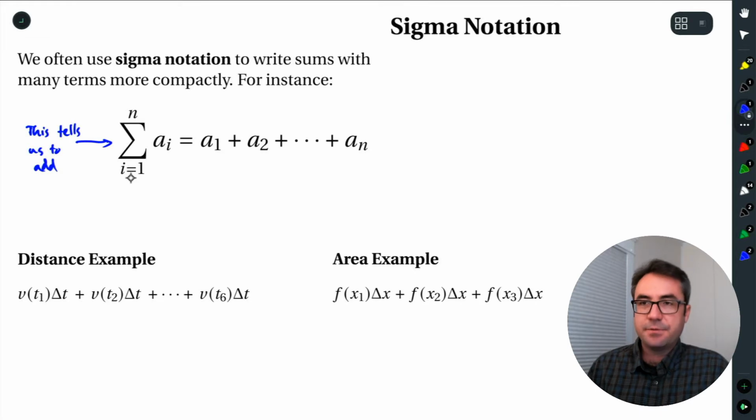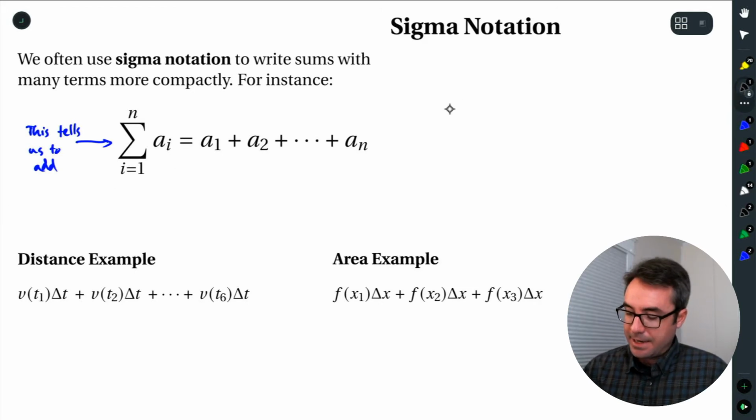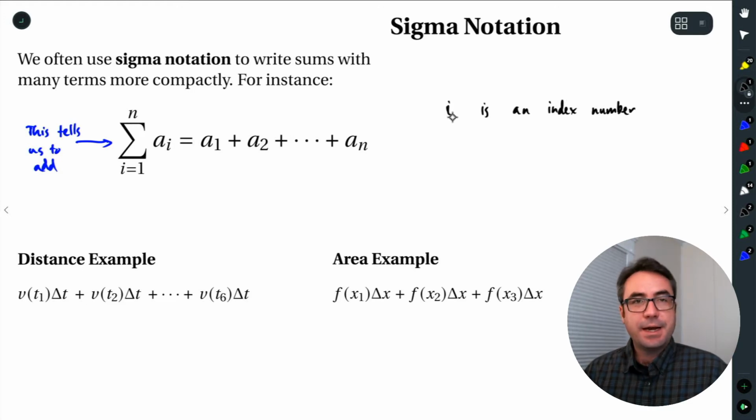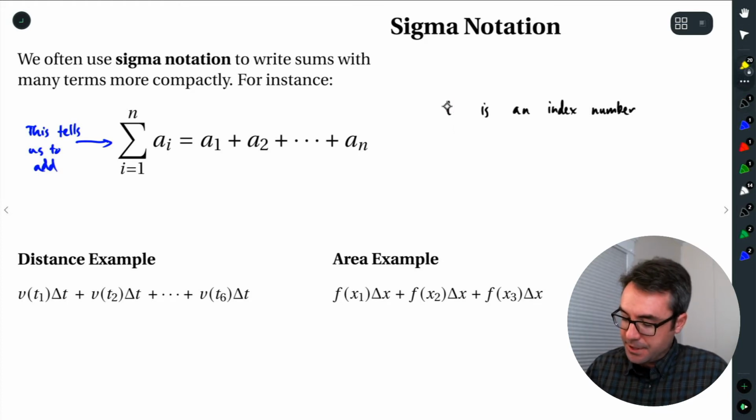Now there's also some indexing that usually goes on. In our notation here, i is an index. It's an index number. We don't always have to use i; sometimes we use j. Those are pretty common indexing numbers.